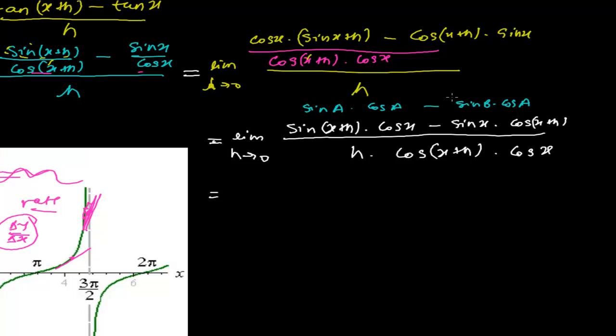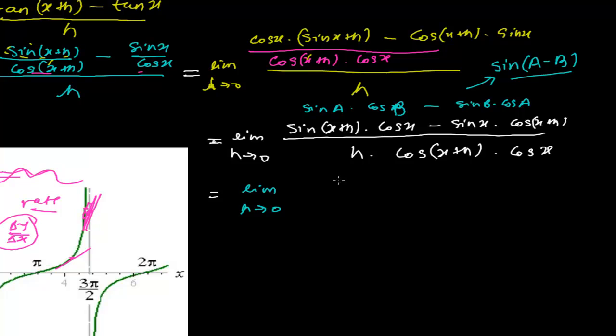Do you remember what this is exactly? Yes, exactly what we learned in the trigonometry chapter: this is the formula of sin(a minus b), which is sin a times cos b minus sin b times cos a. I'm just using the formula of sin(a minus b) over here.